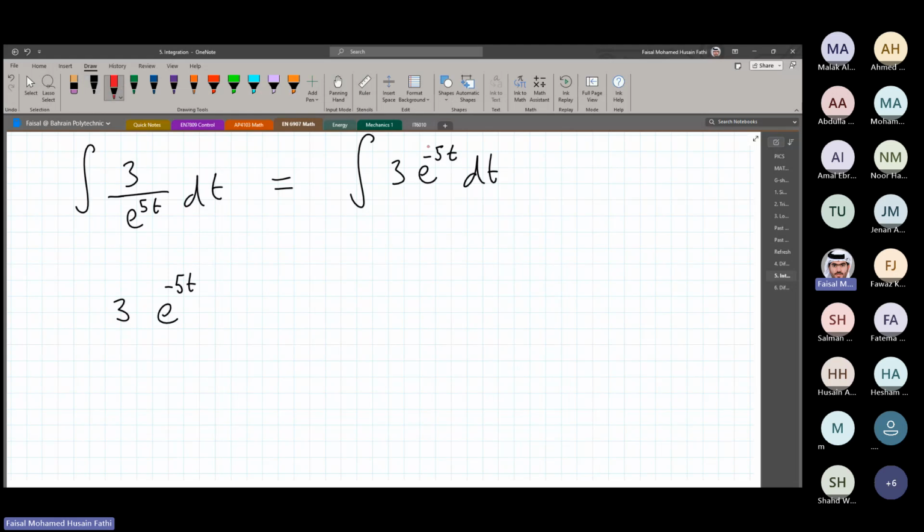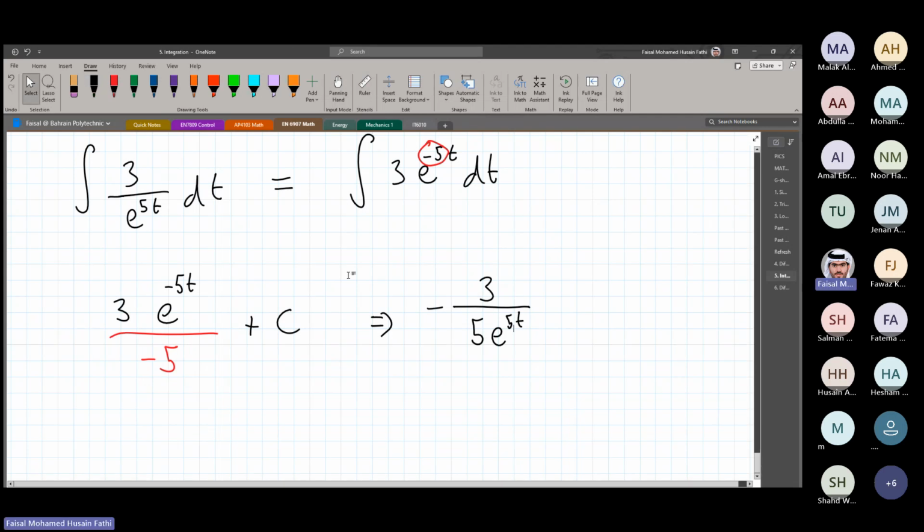And the minus 5, we're going to have to divide the final answer by minus 5. And of course, our plus c. If we simplify this, it is going to be minus 3 over 5 e to the power 5t. The minus on the bottom we take up and it becomes plus. Very straightforward. Does not require any complications.